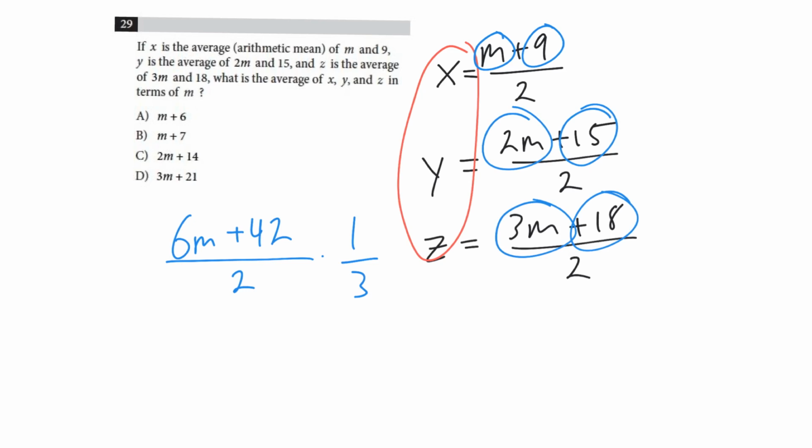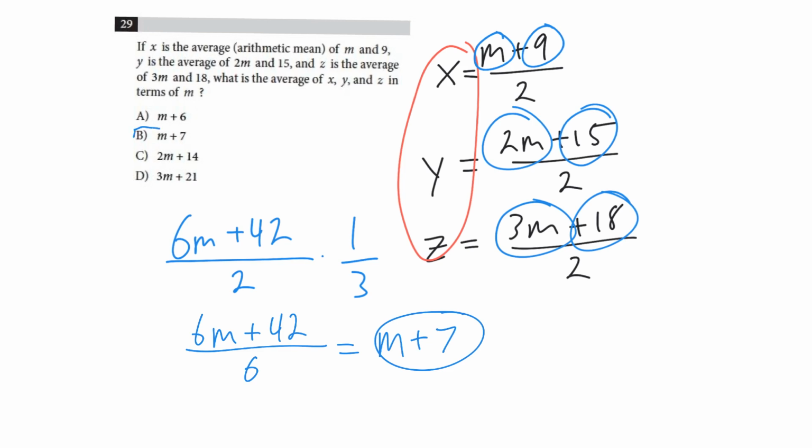Now when I multiply by 1/3, it will be (6m plus 42) divided by 6. Divide the top and the bottom by 6. I'm going to get m plus 7. m plus 7 will be my solution.